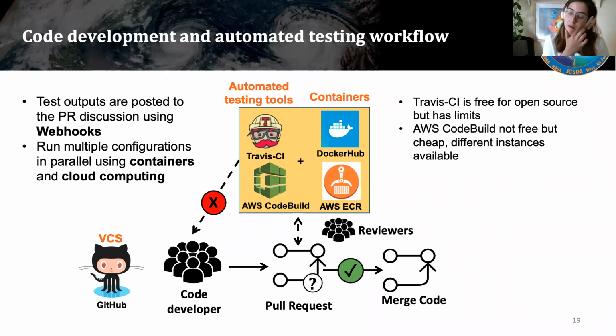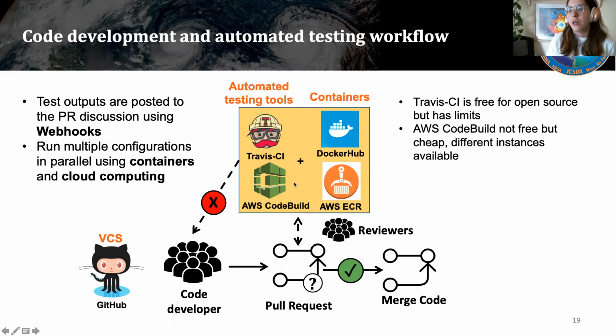AWS Code Build is not free, but it's also not too expensive. And it's very flexible: there are different options in terms of computational power that you can pick based on your needs, and you pay for that. Then we use containers in order to test the systems in different environments. I will talk a little bit more about that in the next slides.